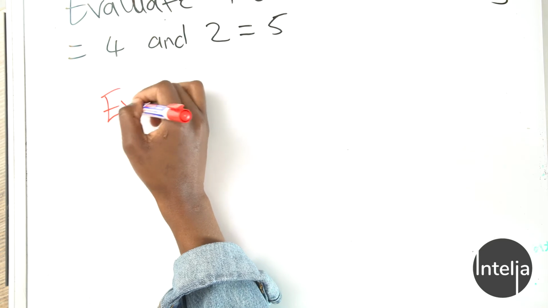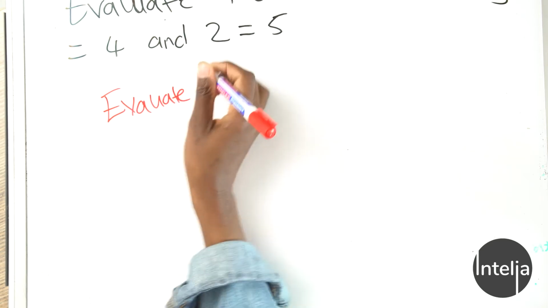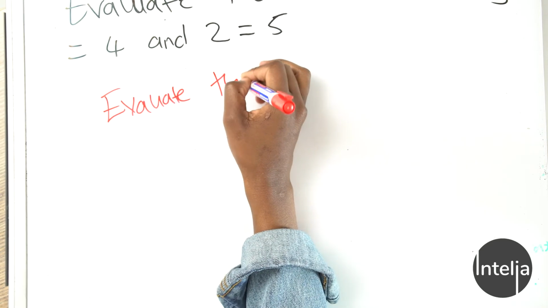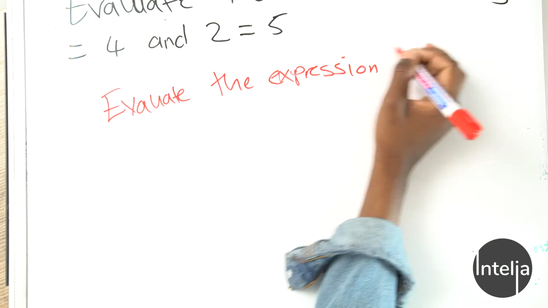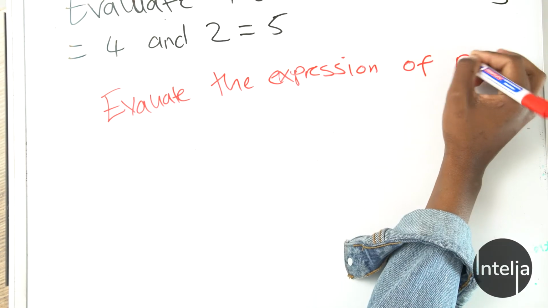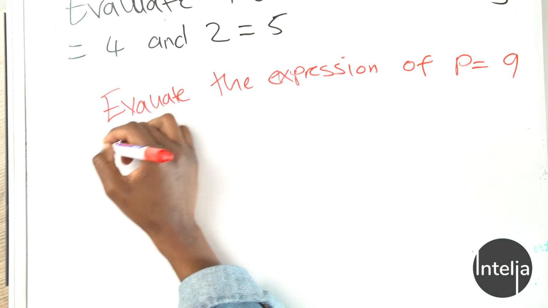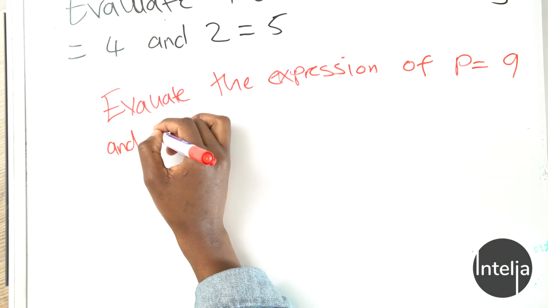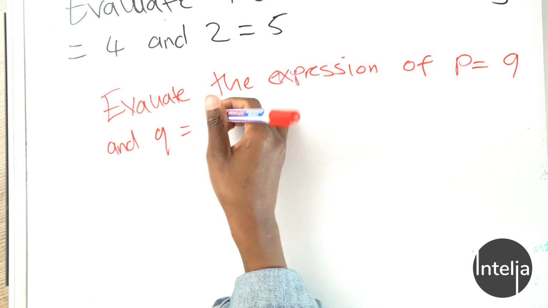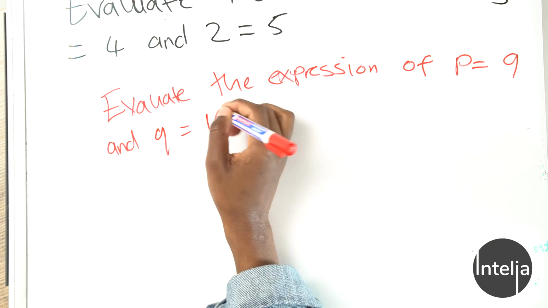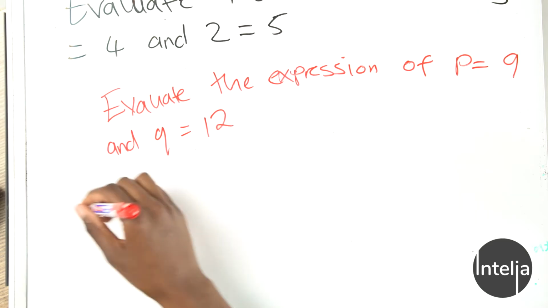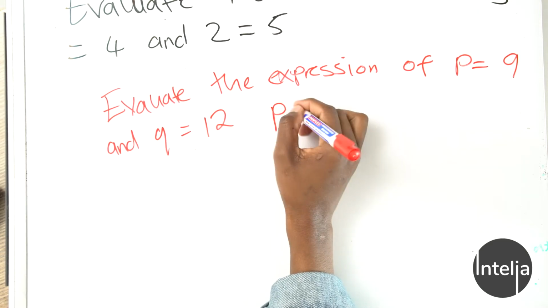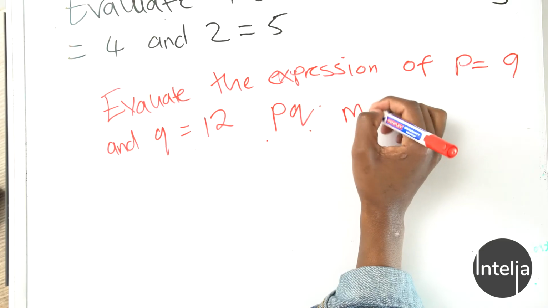The other one, it says evaluate the expression of p equals 9 and q equals 12. Then it says PQ. So PQ, we're going to multiply.